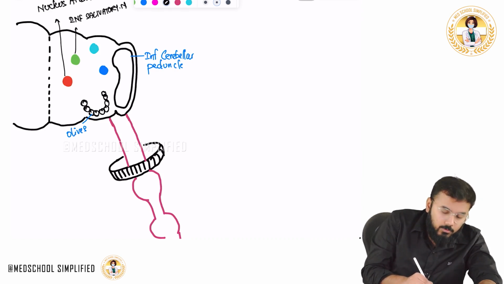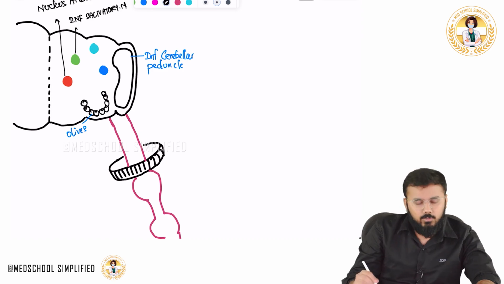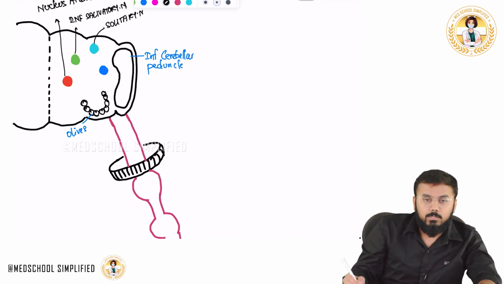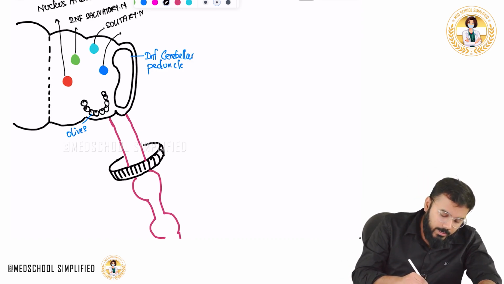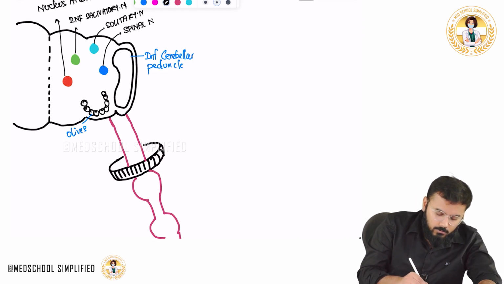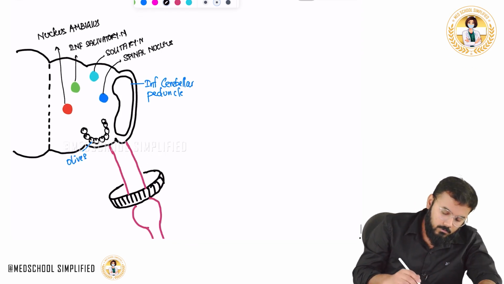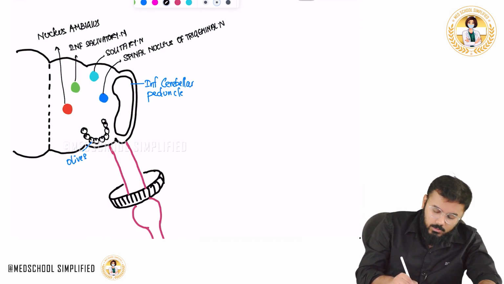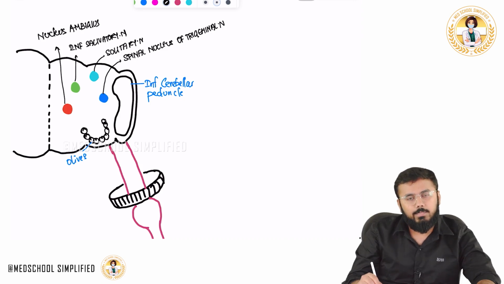The third one is the solitary nucleus. The next one is the spinal nucleus of your trigeminal nerve.